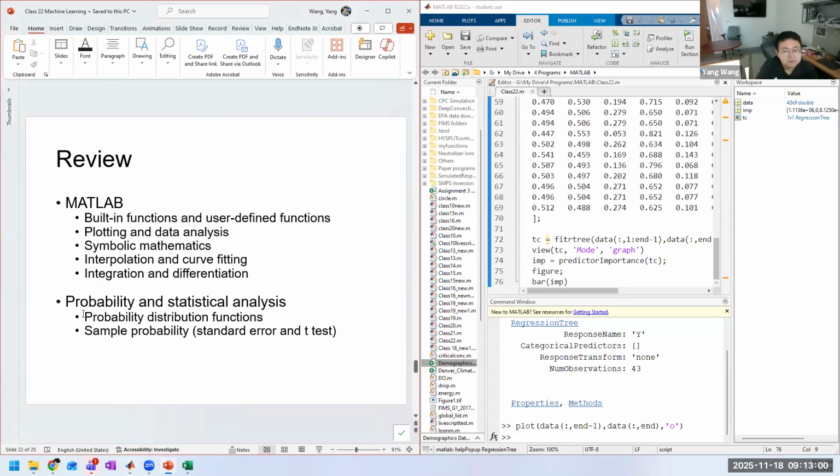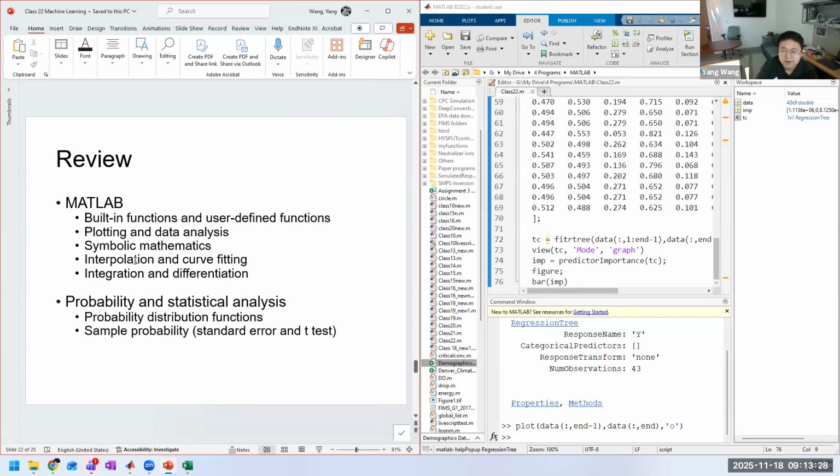Then in the second half of the semester, we talked about probability and statistical analysis: probability distribution functions, sample probability, standard error, and the t-test, which is quite important in our environmental data analysis. Now we talk about machine learning, which is also seen as a statistical tool.